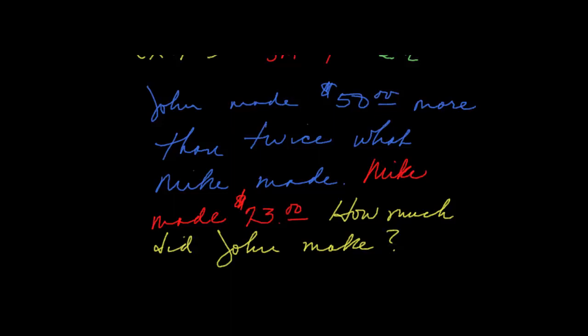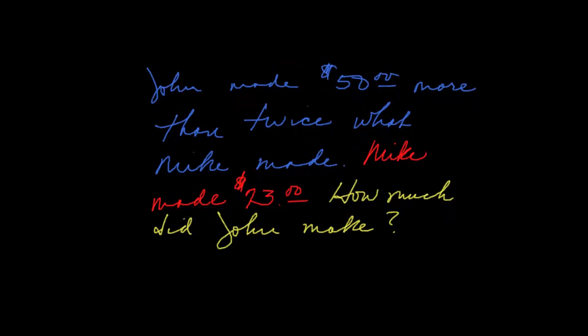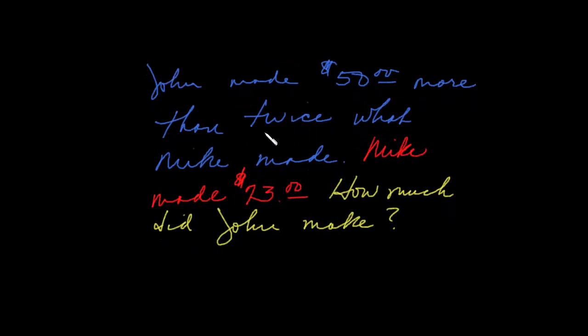So here's our problem that we're going to solve. John made $50 more than twice what Mike made. Mike made $73. So how much did John make?